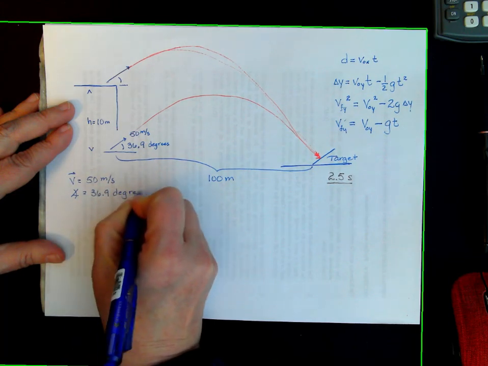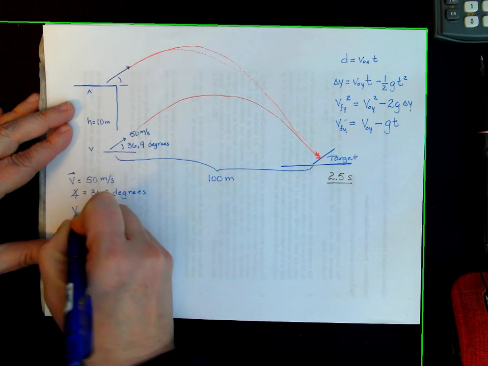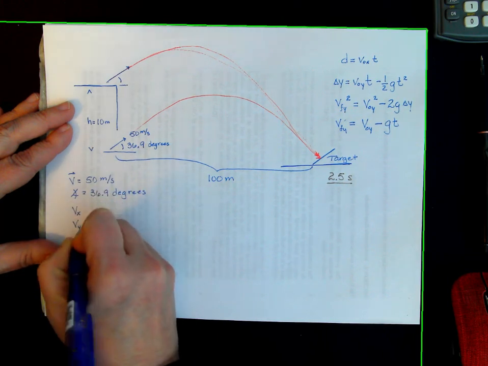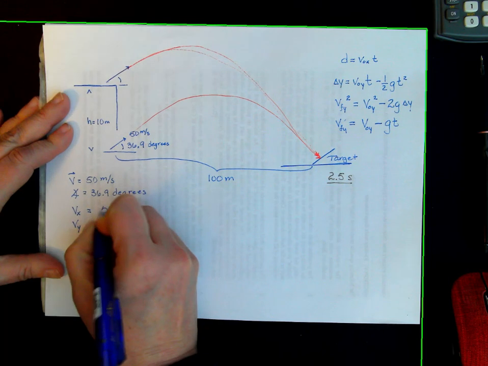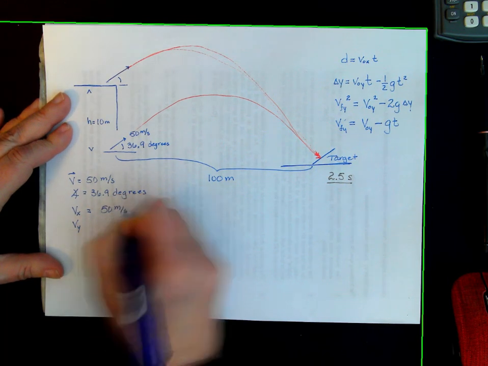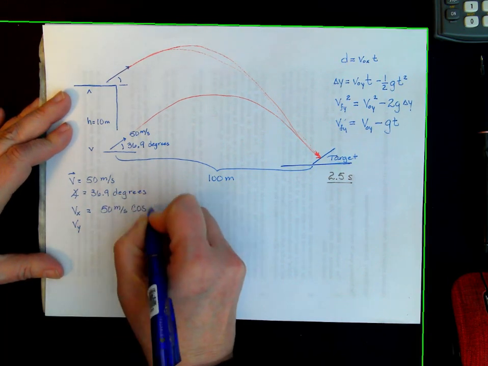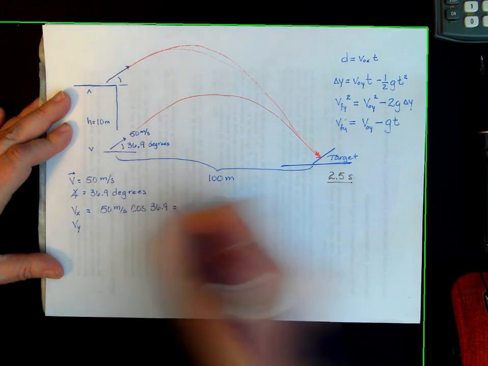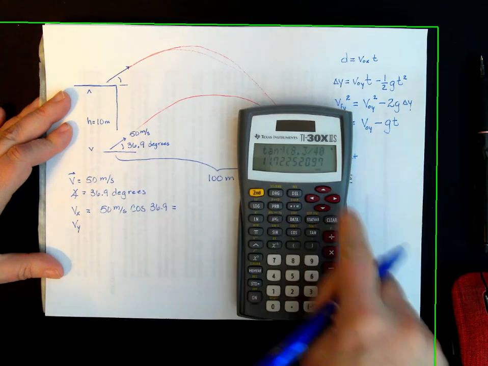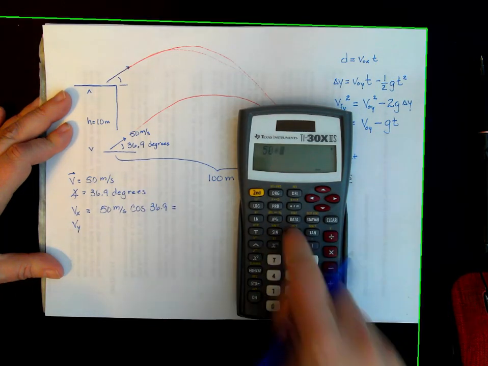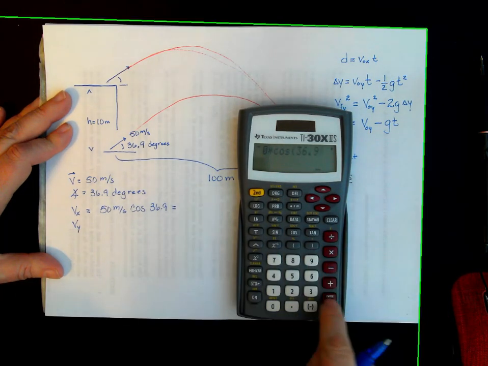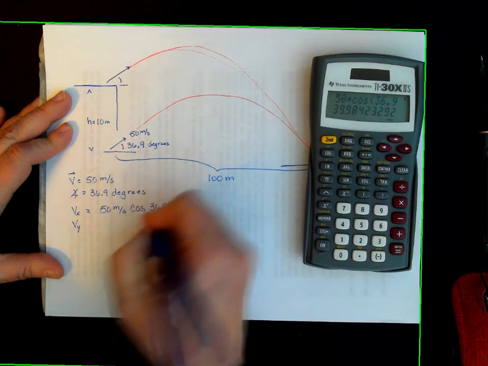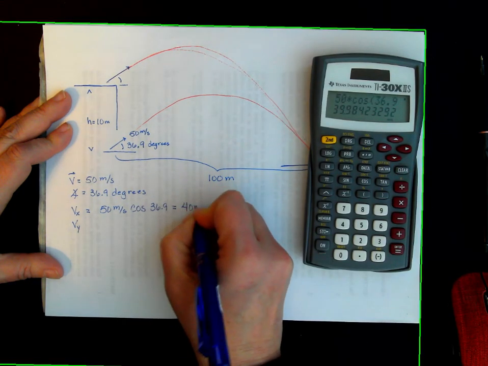So let's get our vector component in the x direction and our vector component in the y direction. That's going to be 50 meters per second times the cosine of 36.9 degrees. And when I plug that into my calculator, that gives me about 40 meters per second.